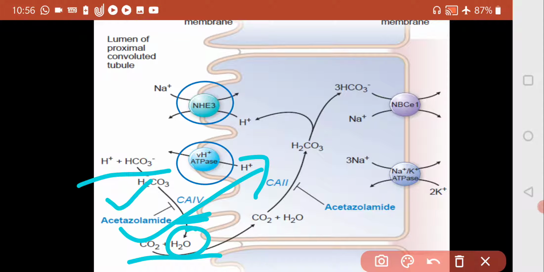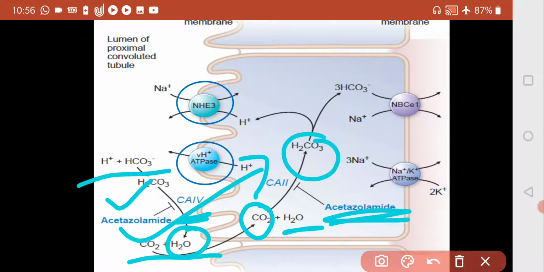The CO2 goes inside, and again combines with H2O and there is formation of H2CO3. This is catalyzed by carbonic anhydrase 2, which is present inside the cell, and there is formation of H plus and HCO3 minus again.